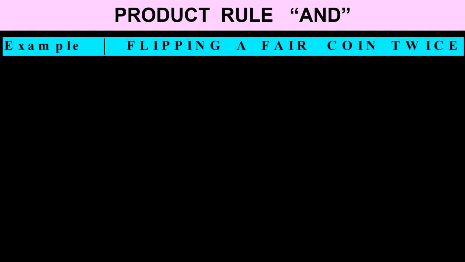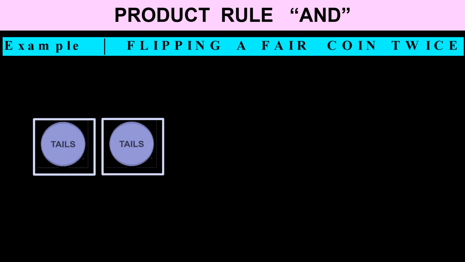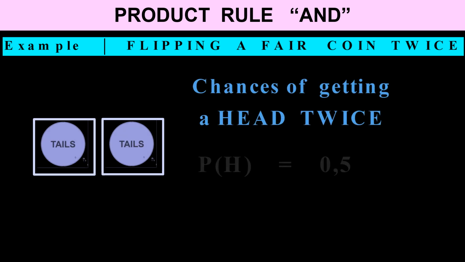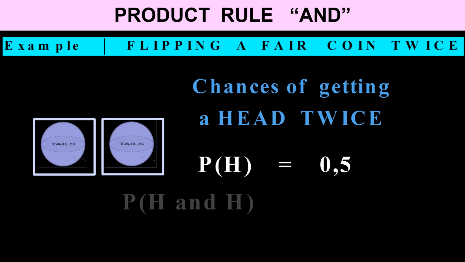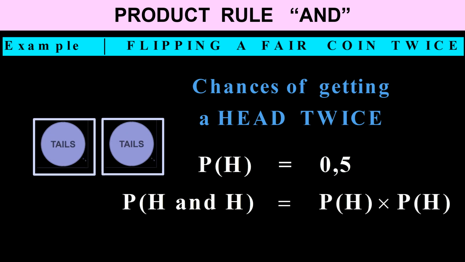Now, let's look at the example of flipping a fair coin twice. So there we have one coin, and then we're going to toss it the second time. The chance of getting a head twice: if the probability of getting a head is 1 over 2 or 0.5, then the probability of getting a head and then another head is the probability of head times the probability of head.